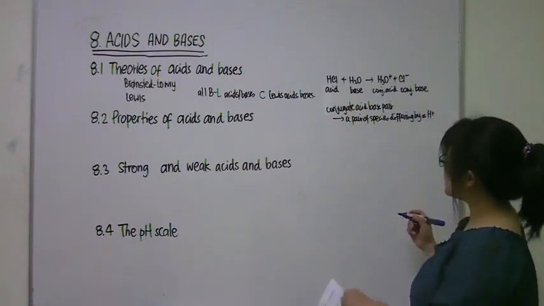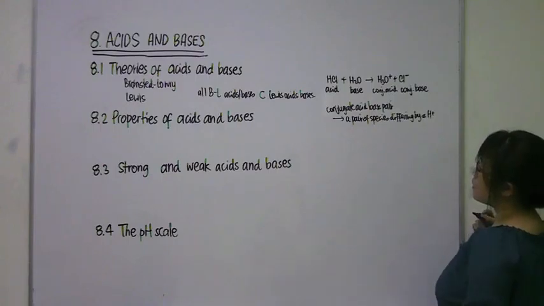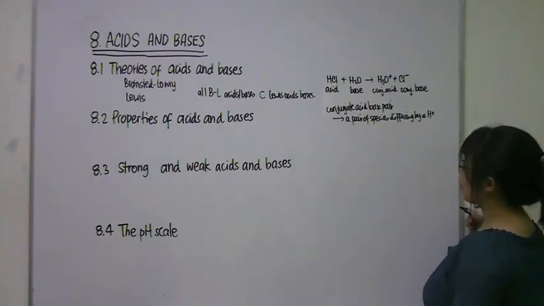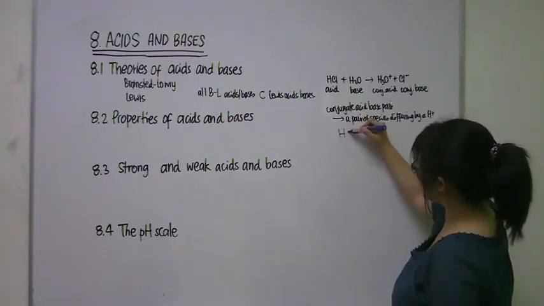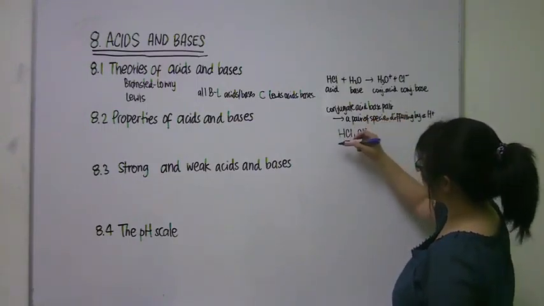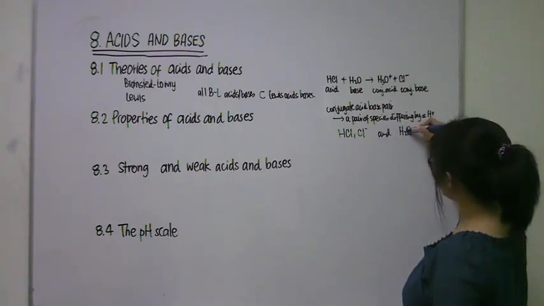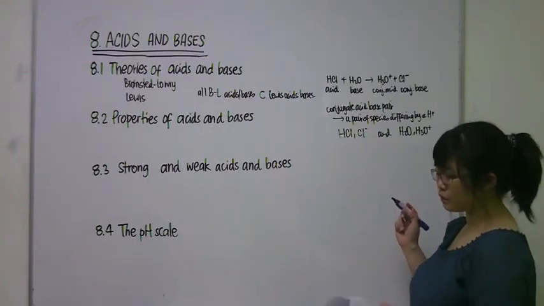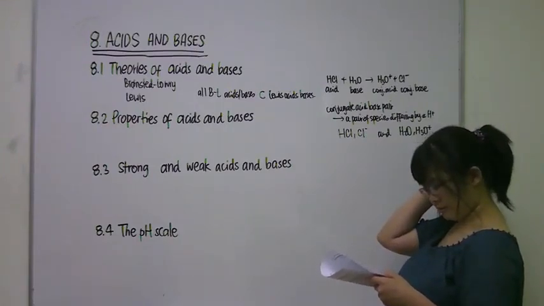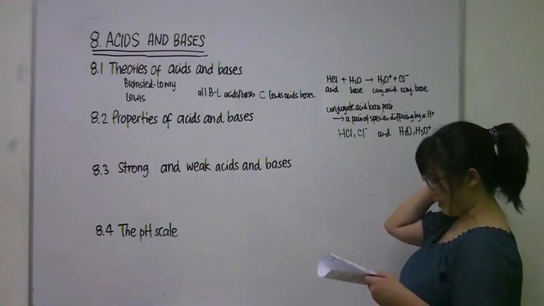Okay, so which means in this reaction, if you are asked to identify two conjugate acid-base pairs, you can say it's HCl and Cl minus. This is one pair, and another pair would be H2O and H3O plus. Okay, this should be something new to your students, so you can just let them know.